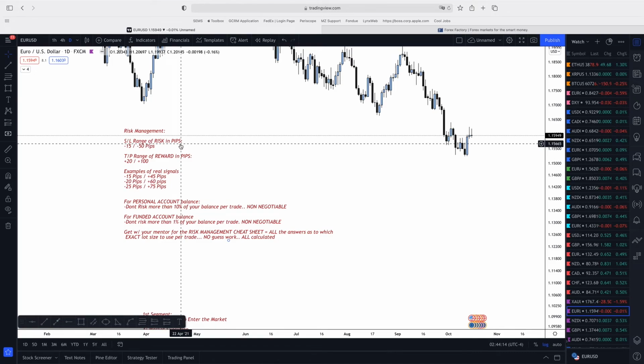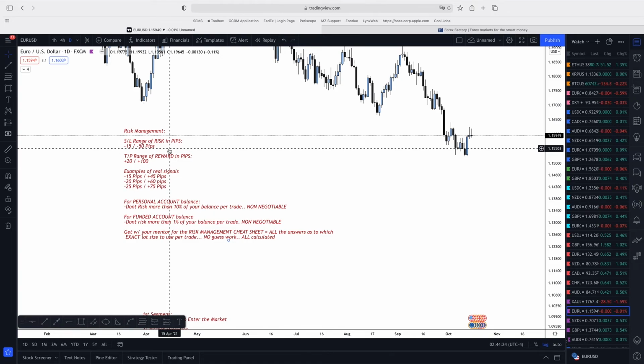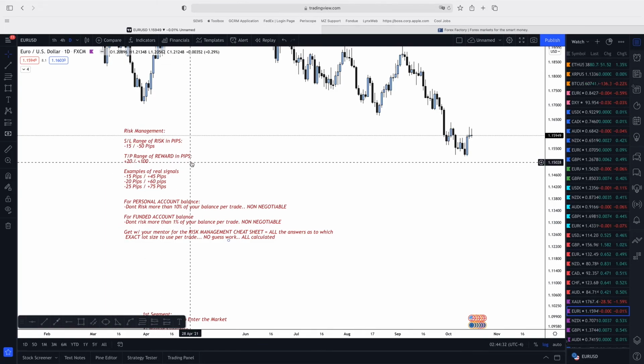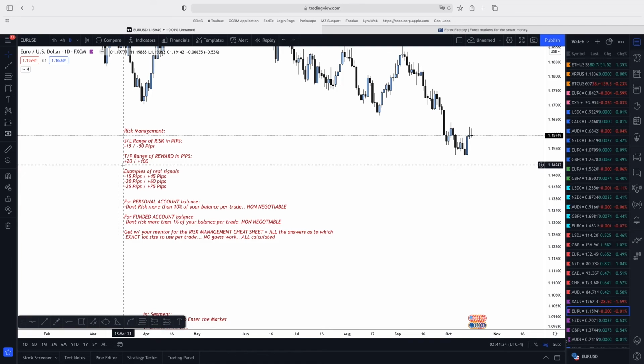When you receive these signals, you can receive a stop loss range of negative 15 to negative 50 pips. It could be negative 15, negative 20, negative 25. And your take profit range of reward in pips is going to be from positive 20 to positive 100.